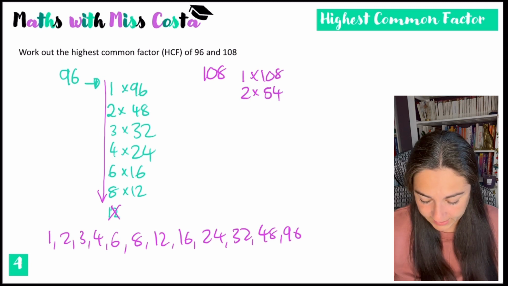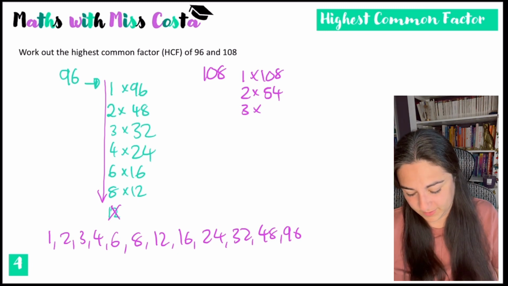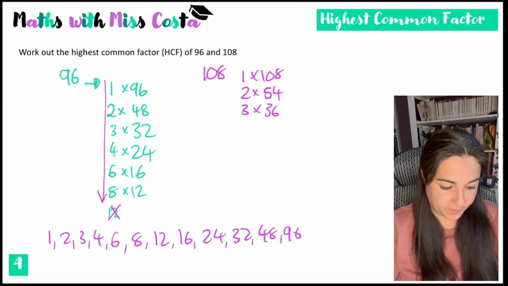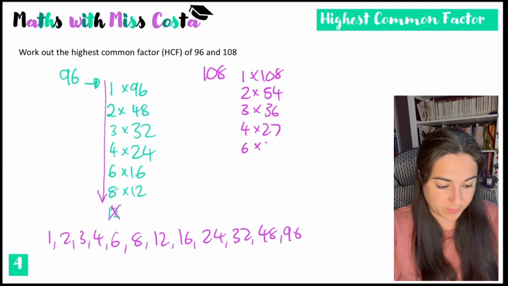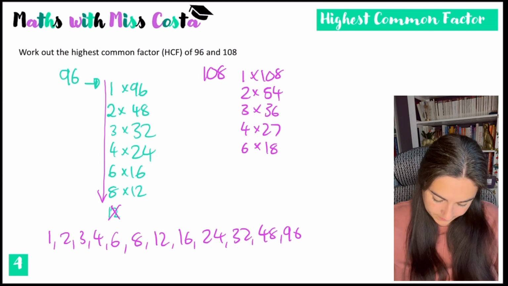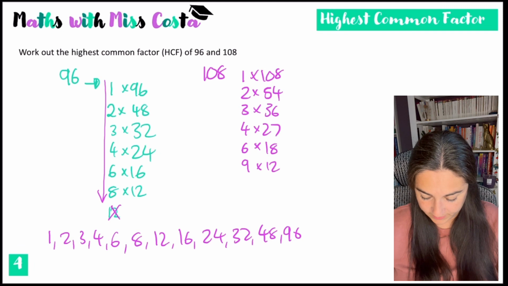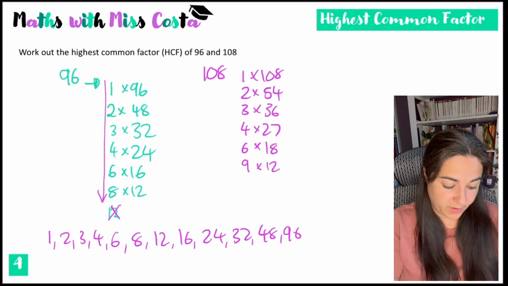So we've got 1 times 108, 2 times 54, 3 times 36, 108 divided by 4 is 27, 5 won't go into it, 108 divided by 6, 6 times 18, 108 divided by 7, 108 divided by 8, 108 divided by 9, then we've got 9 times 12, 108 divided by 10 won't go, divided by 11 won't go, 108 divided by 12.